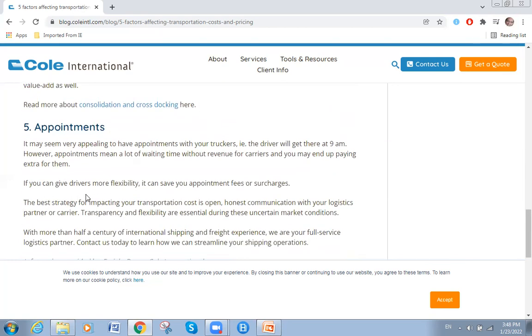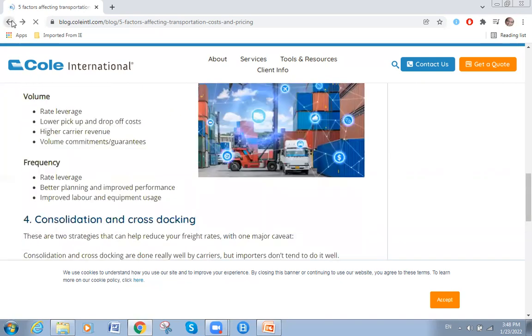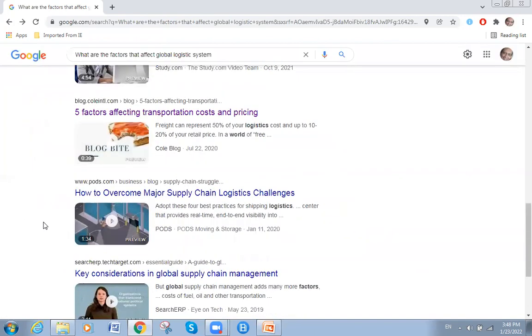If you can give drivers more flexibility, it can save you appointment fees or surcharges. So don't pile up yourself with giving appointments. Give flexible schedules for the drivers to come and take the cargo you have. This was a point.